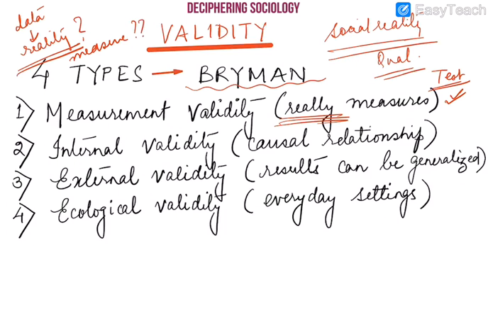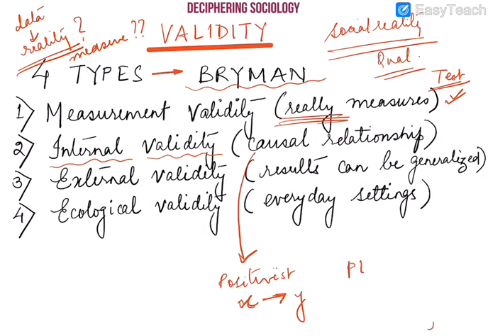Then there's a new term, which is internal validity. Here it is concerned with whether a causal relationship is real or not. You remember we studied causal relationships in positivist methods? Whether X leads to Y. Whether the Protestant ethic is a cause of capitalism.